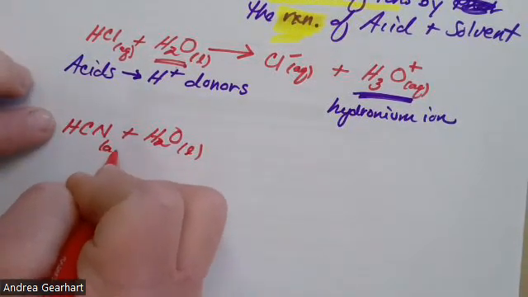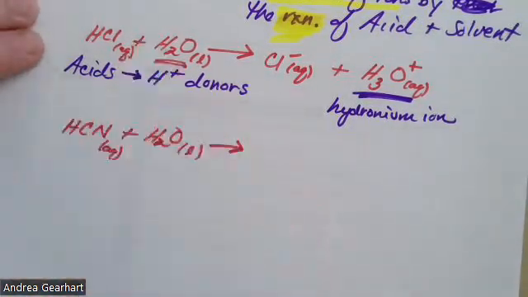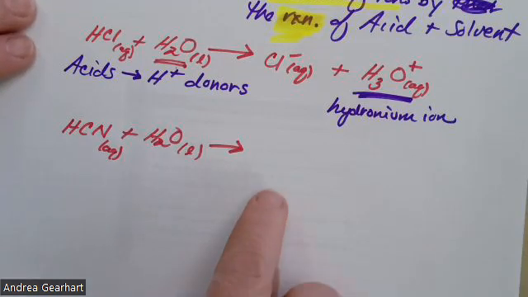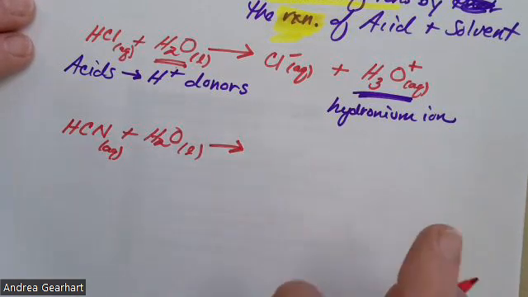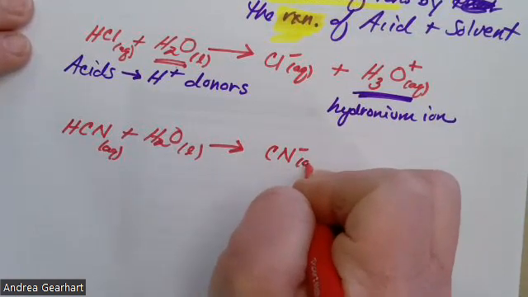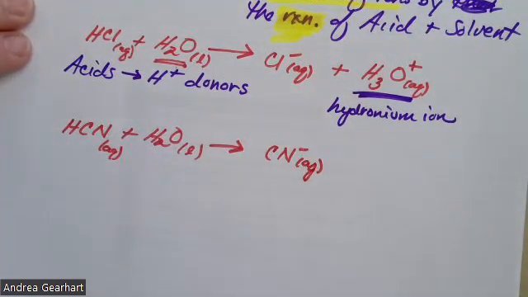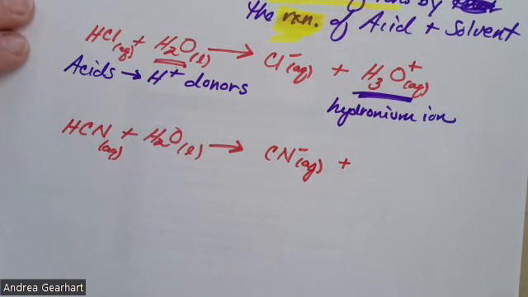Acids donate the hydrogen ion to what they're reacting with. Can you give me one of our products? The cyanide ion. And then hydronium.